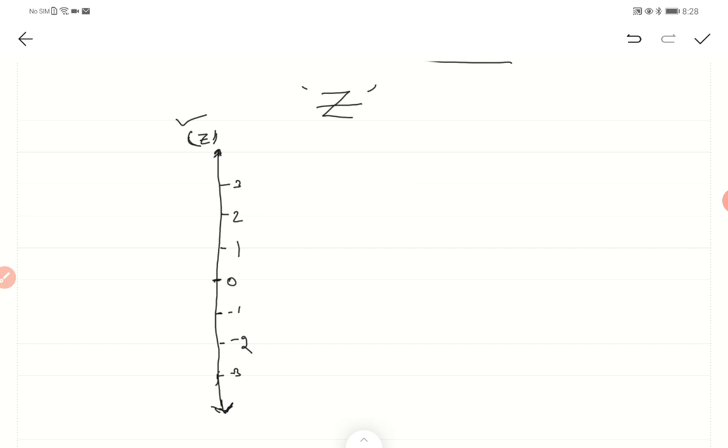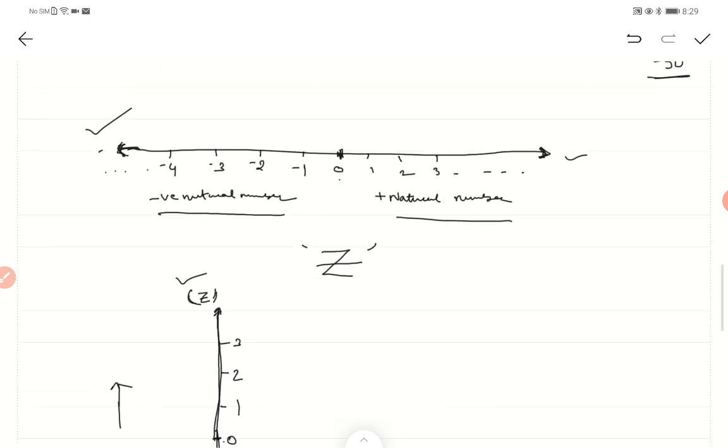For temperature measurement, or for the depth of the sea, that is above the ground level and then below the ground level, you will represent on a vertical line like this. So it is the same. Upwards you will have positive numbers, downwards negative numbers. Here on the right side you take positive numbers, and on the left you will have negative numbers.